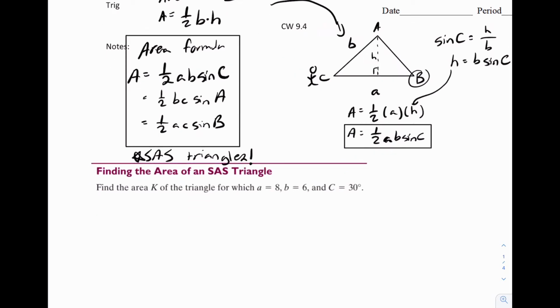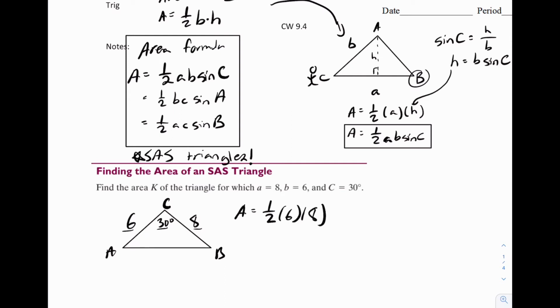Find the area of a triangle for which A is 8, B is 6, C is 30. So just draw a triangle right here. Fill it in. ABC. A is 8, B is 6, C is 30. First verify that we are in the side angle side case, and we can see that it is. So our formula is going to be 1/2 the two legs, 6 times 8, and then sine of the included angle, 30.